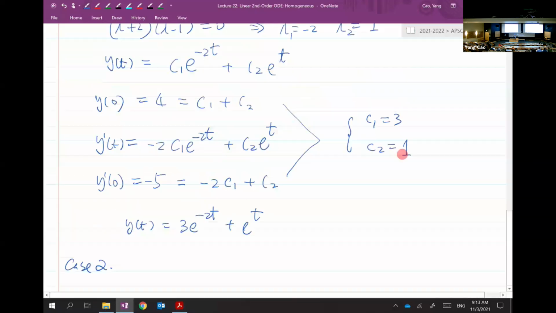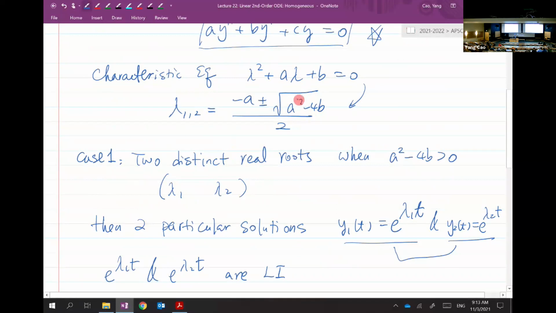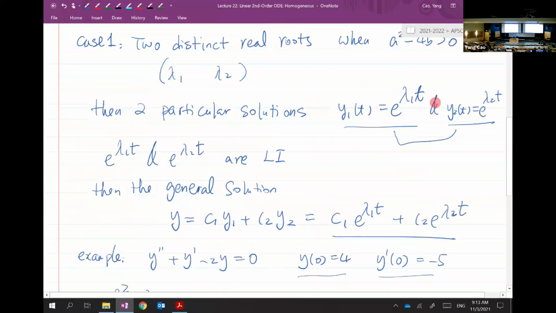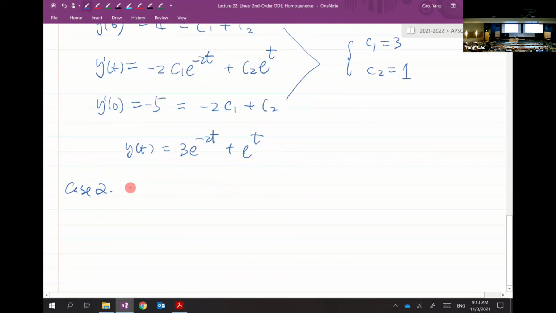Now let's take a look at the second case. That second case basically is when the square root term is gone. It's 0, meaning whatever is under the square root gives you a 0. So in that case, we got one repeated root, lambda.